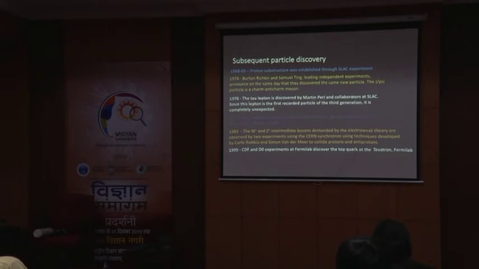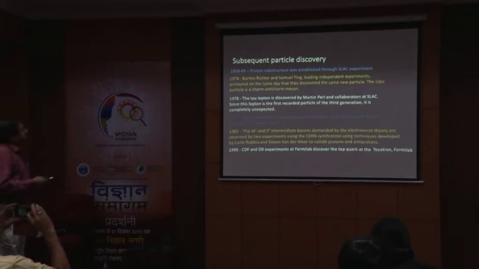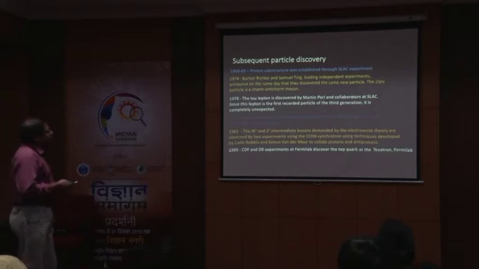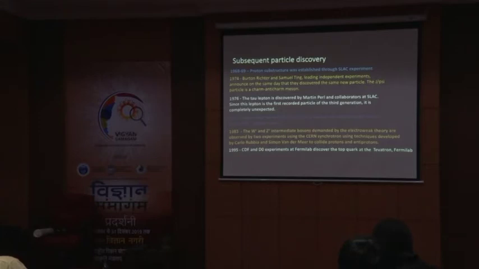And then subsequently, I did not go through the remaining ones I listed. For example, the proton substructure was established by 1968-69 through the SLAC experiment. In 1974, Burton Richter and Samuel Ting found the J/psi particle, which is nothing but another quark bound state, like another meson.